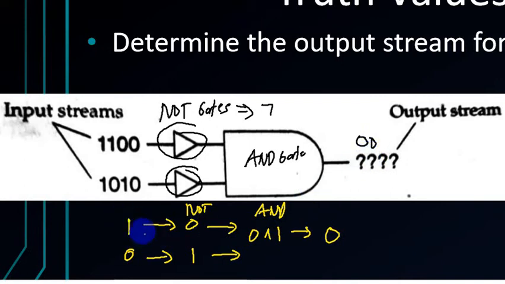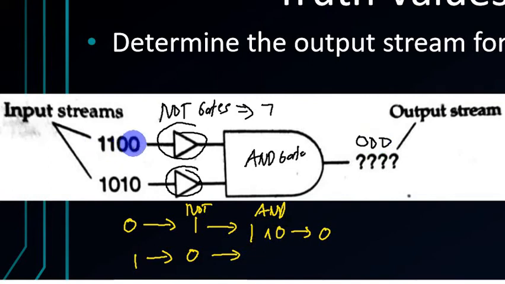If we're going to interchange the two, will there be a change? Let's see. Our input on top is 0, input below is 1, NOT 0 is 1, NOT 1 is 0, so I'll have 1 and 0, which is still 0. So our third output in the output stream would still be 0.